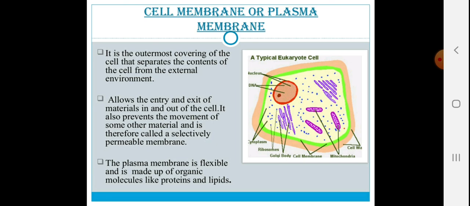It is highly selective for the molecules which are going to enter or exit the cell. It will choose which materials the cell needs and which materials are to be removed from the cell. The plasma membrane is flexible and is made up of organic molecules like proteins and lipids.